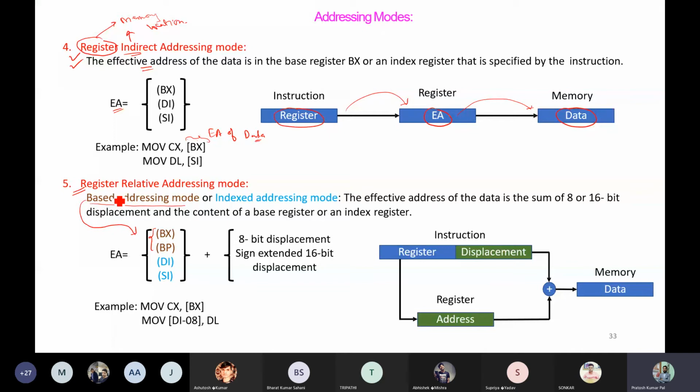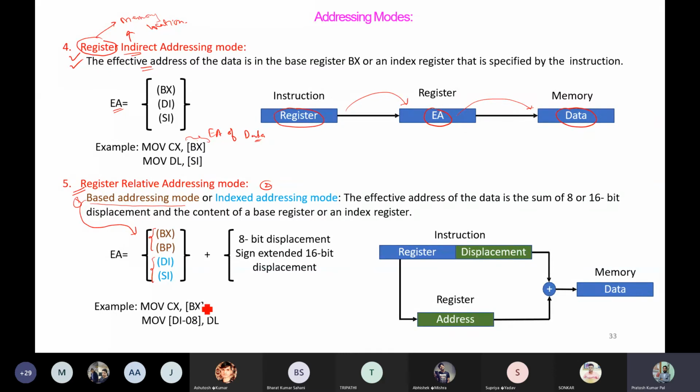There are two types: one is based, another one is indexed. If we are considering BX and BP to find out the address along with the 8-bit displacement, that will be considered the based addressing mode. If we are considering index registers, that is SI and DI, in the effective address plus 8-bit displacement, that will be considered the index addressing mode. So this is the form.